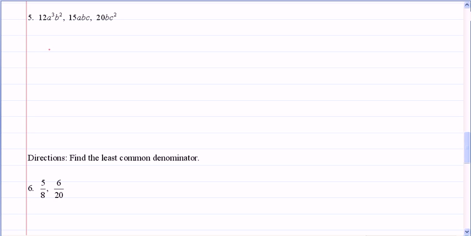And for number 5, we have 3 monomials, so now I have to make 3 lists, one for 12, 15, and 20.